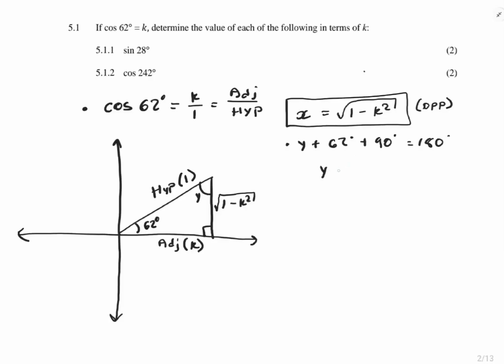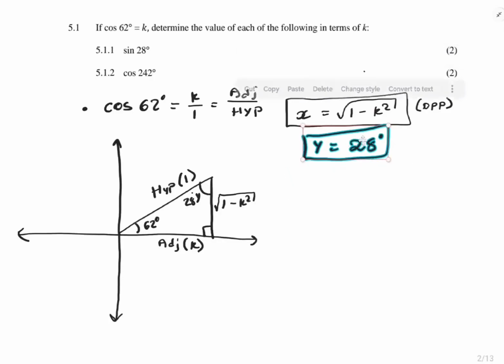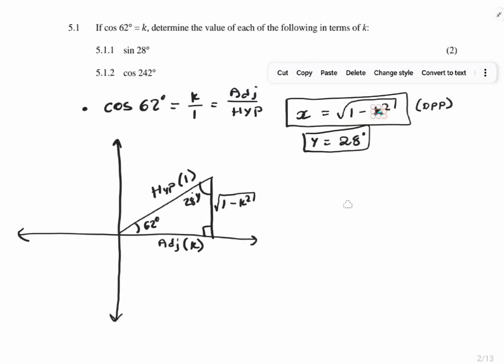Then y equals 180 degrees minus 90 degrees minus 62 degrees. So our y, luckily, is 28 degrees. So we are not actually concerned about the value of 62, we are concerned about the value of 28. The value for y is 28.